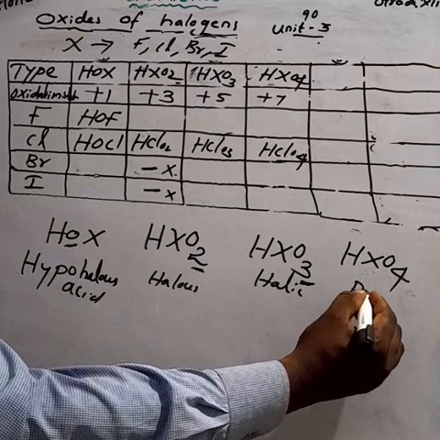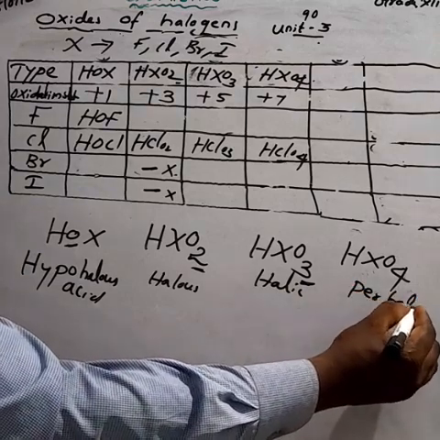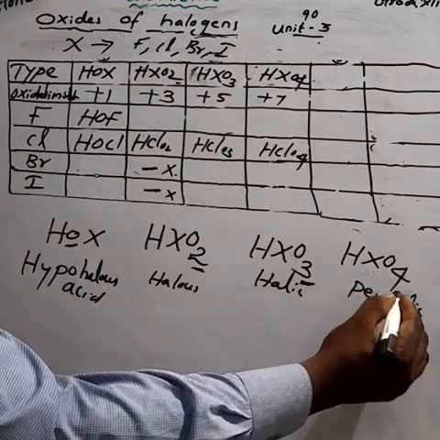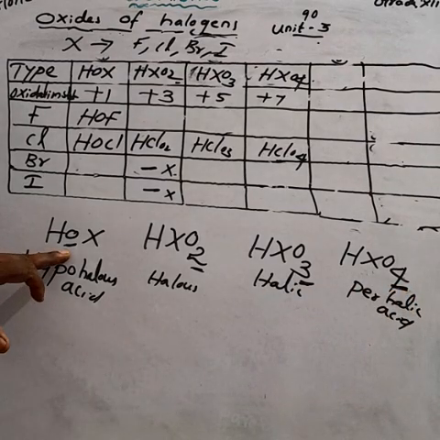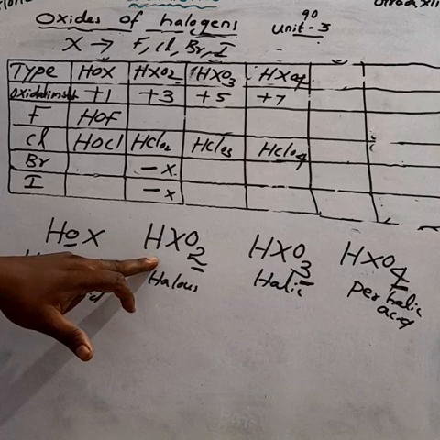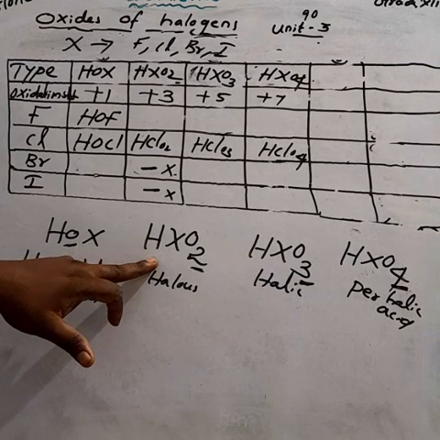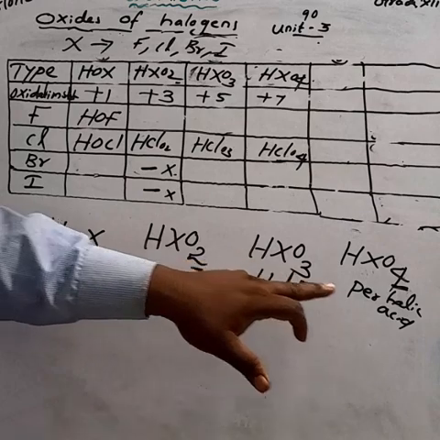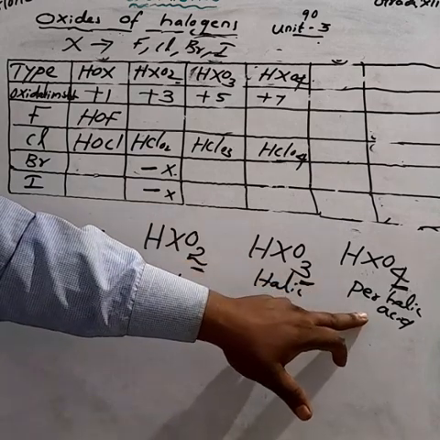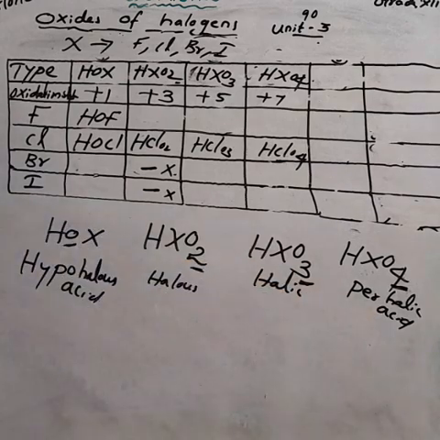And perhalic acid contains 4 oxygen. Don't forget that. Hypohalous acid contains how much oxygen? Only 1 oxygen. Halous acid 2 oxygen, halic acid 3 oxygen, perhalic acid 4 oxygen.